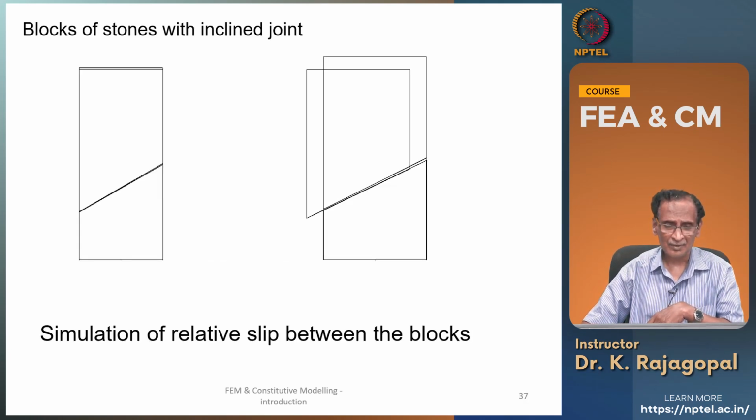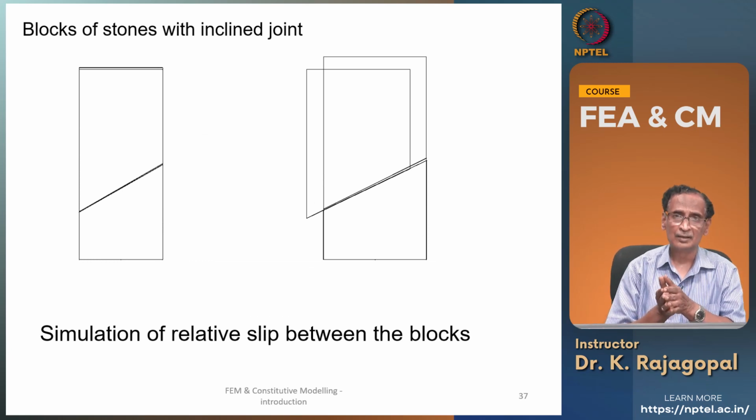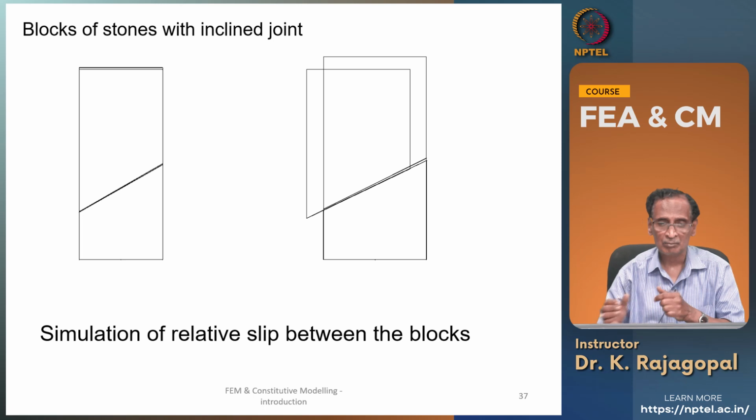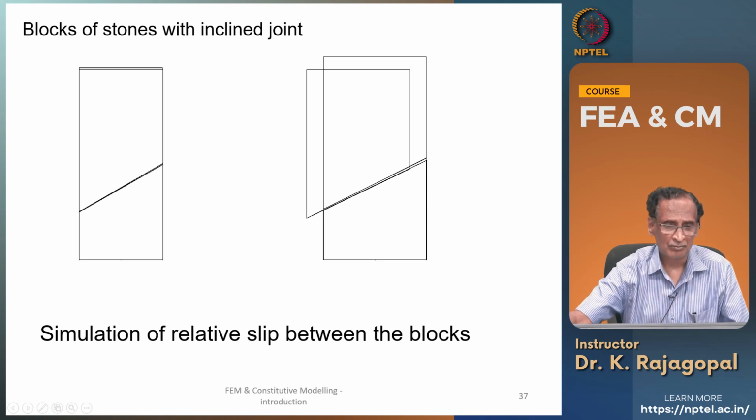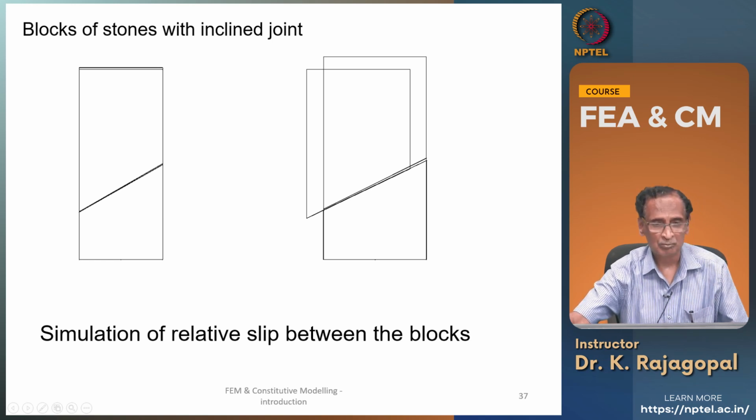Okay. Then the other thing that we need to model is we should have the capacity to model the sliding between different parts of the soil, or between the soil and reinforcement, or between the soil and the panel. And here I am showing you an example of a rock joint. Let's say you have a rock collected from the site with a joint here, and if you test it in a compression test, this is what is going to happen.